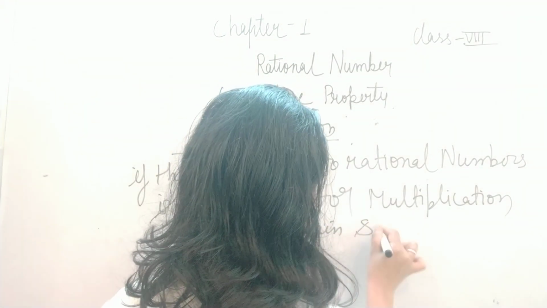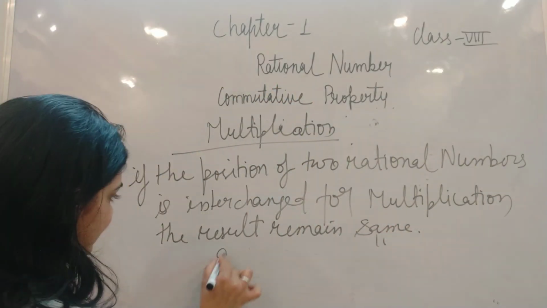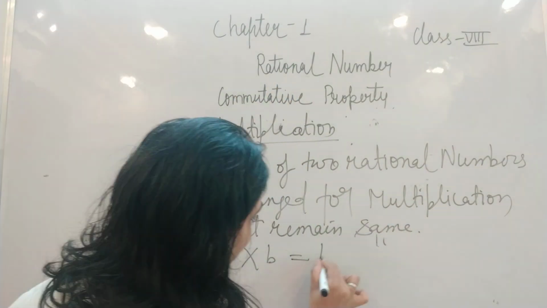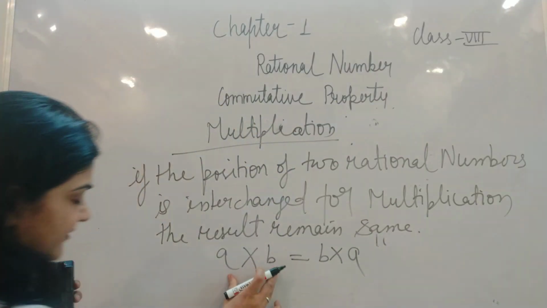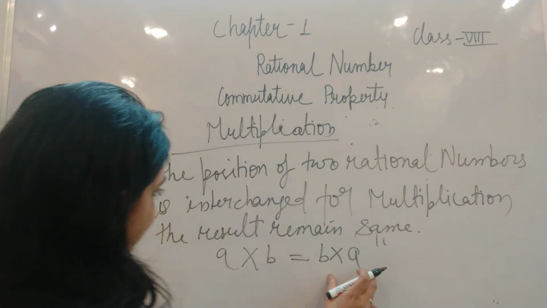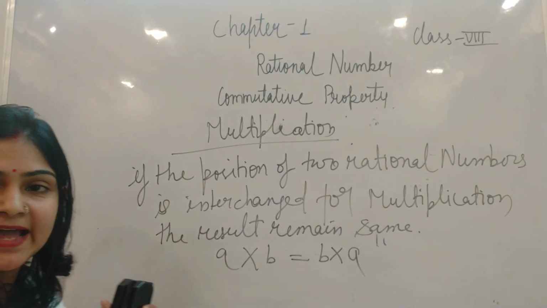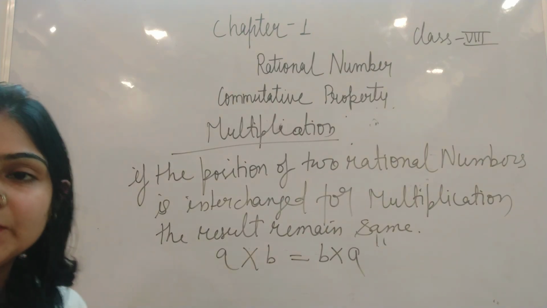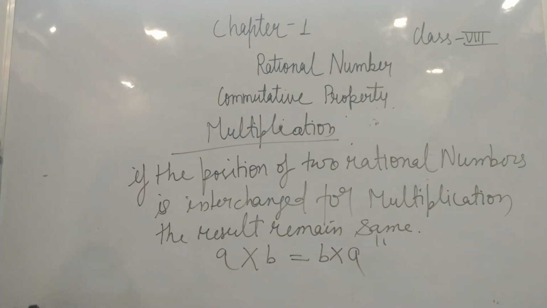It means a multiplied with b is equal to b multiplied with a. So we say that multiplication is commutative for rational numbers.